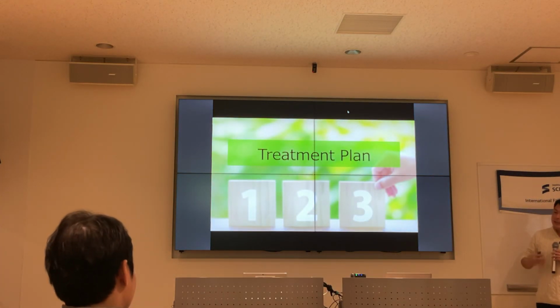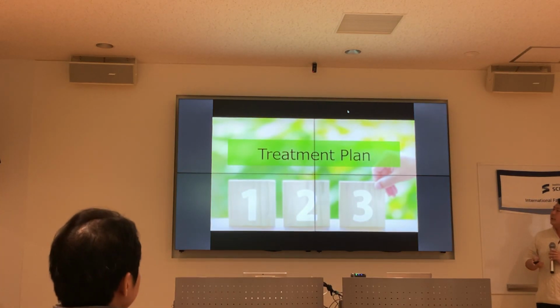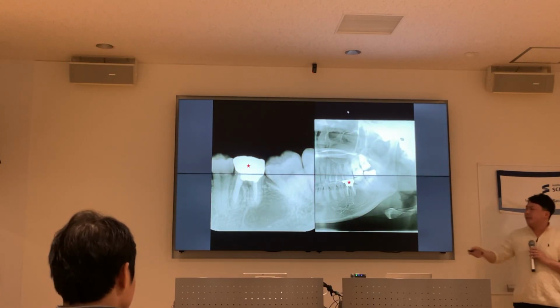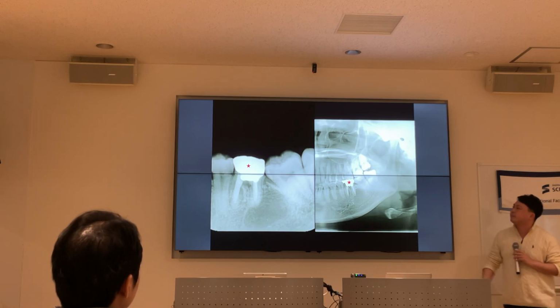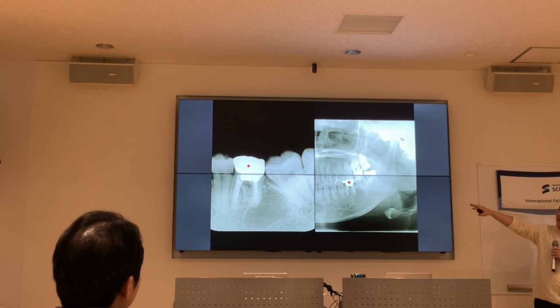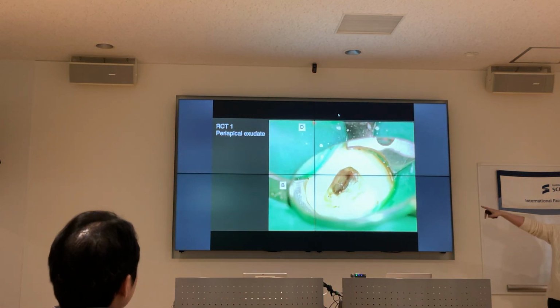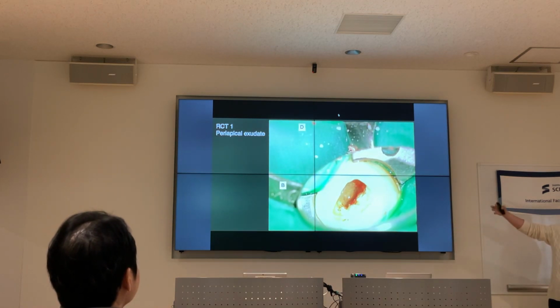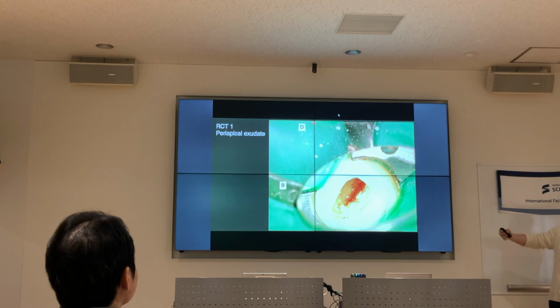The next case is one where I changed the treatment plan. This is the case I showed before, the radicular cyst. This is a very big region. But in this case, the restoration is not so good, so I tried non-surgical retreatment. This is a movie during non-surgical treatment. As you can see, there is a lot of periapical extrusion.